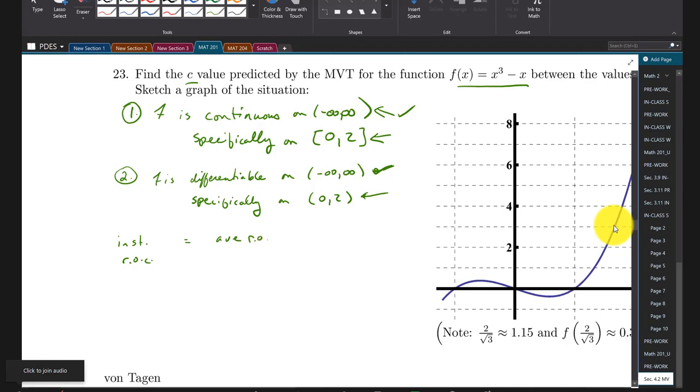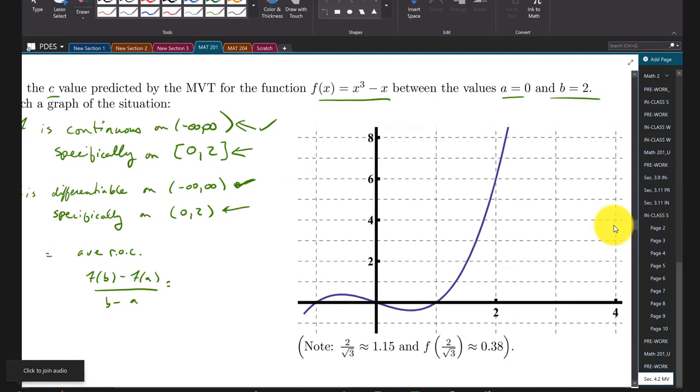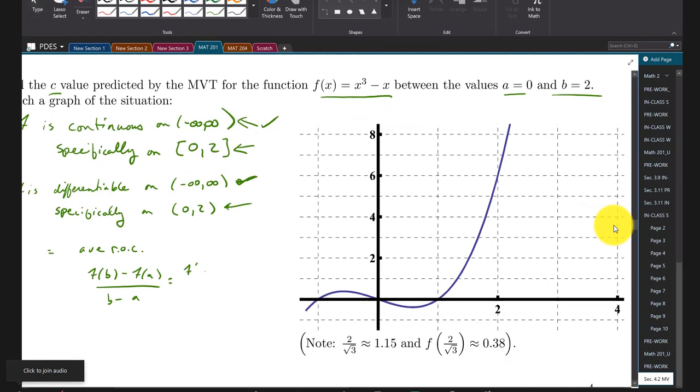So let's first go find the average rate of change, and we're going to do that by computing f of b minus f of a all over b minus a. Well, in our case, our function is x cubed minus x, and we're doing this on the interval from 0 to 2, so we've got f of 2 minus f of 0 all over 2 minus 0.